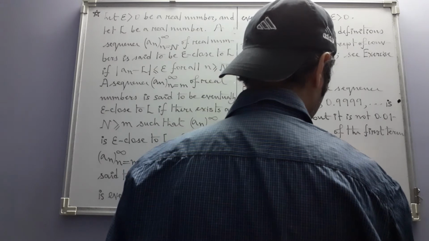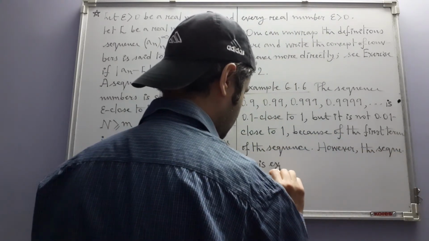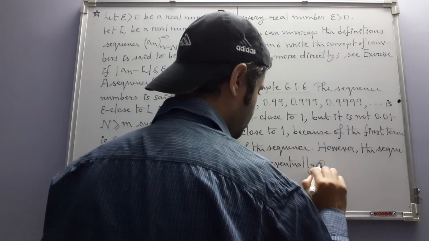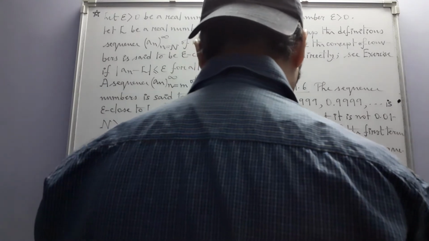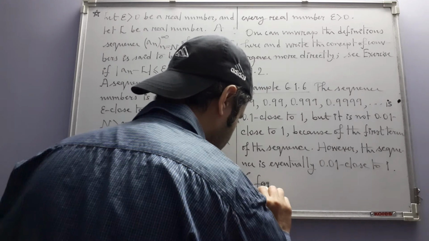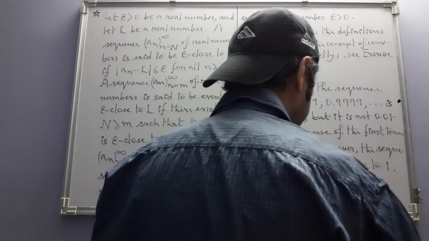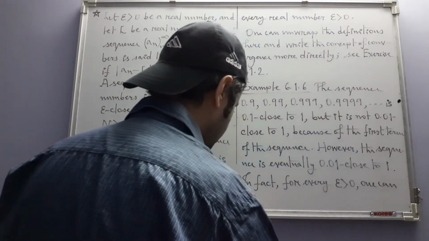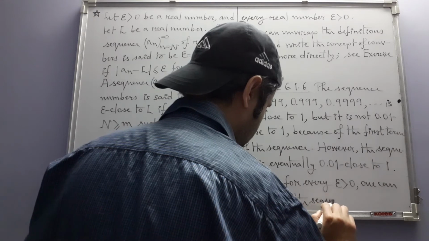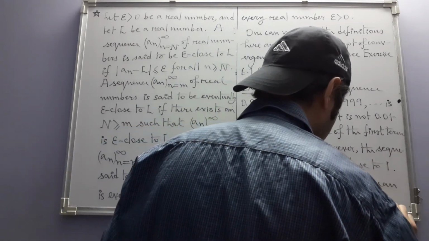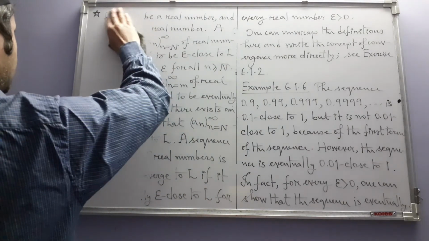In fact, for every epsilon greater than 0, one can show that the sequence is eventually epsilon close to 1, and that's why it actually converges to 1.